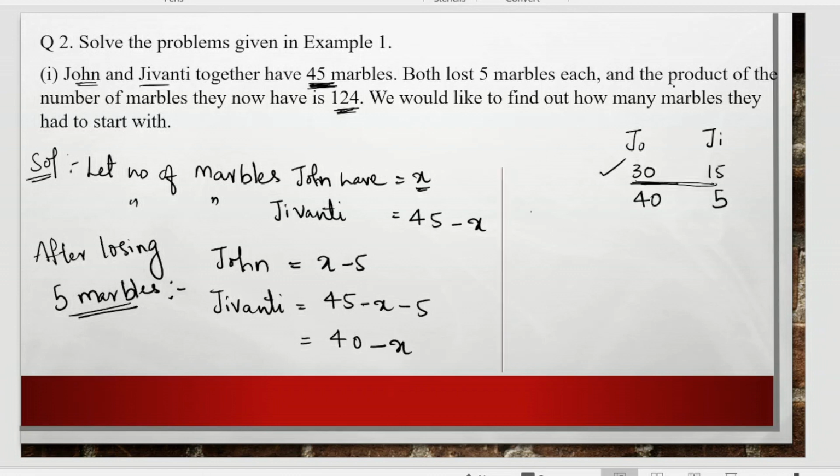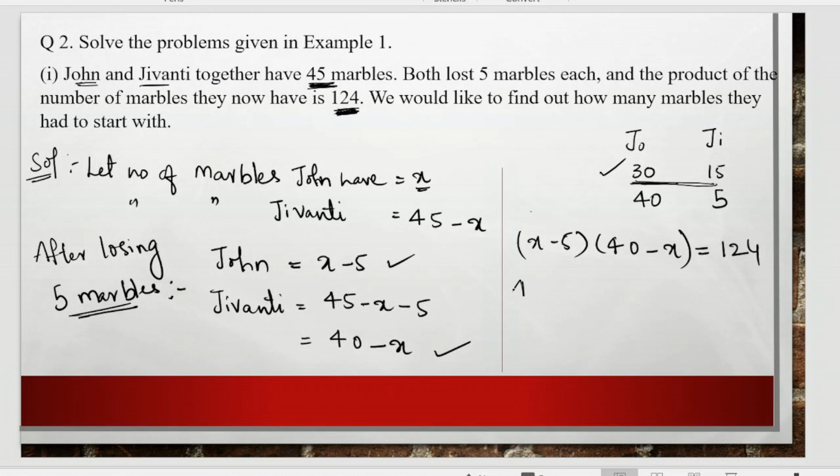Now see the question. The product of the number of marbles they have is 124. After losing 5 marbles, John has x minus 5 and Jivanti has 40 minus x. Now we need to take the product of these two, which is (x minus 5) times (40 minus x), equal to 124. Now multiply them.